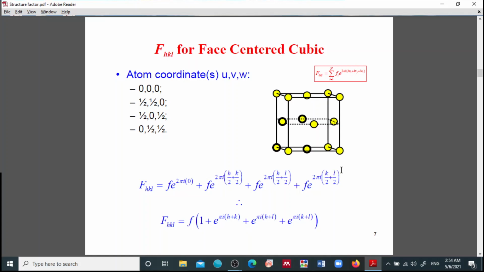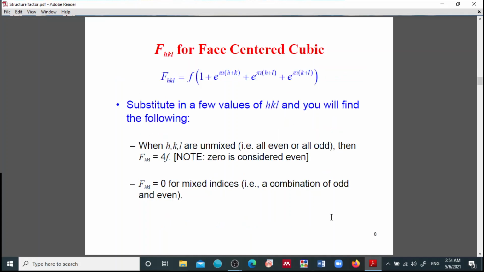This will be reshaped in this form, and then by taking f common out of all these terms, we will get in the parenthesis 1 plus exponent pi i (h plus k) plus exponent pi i (h plus l) plus exponent pi i (k plus l). So hopefully you won't have any problem in understanding this.